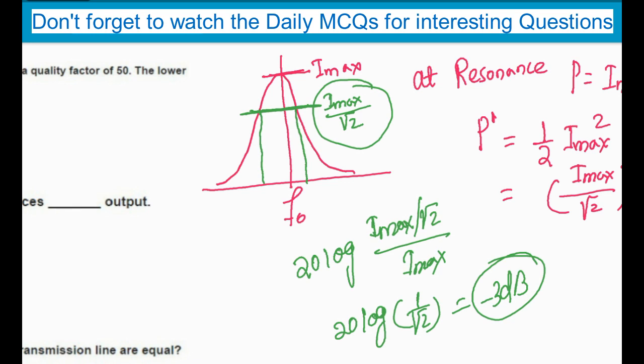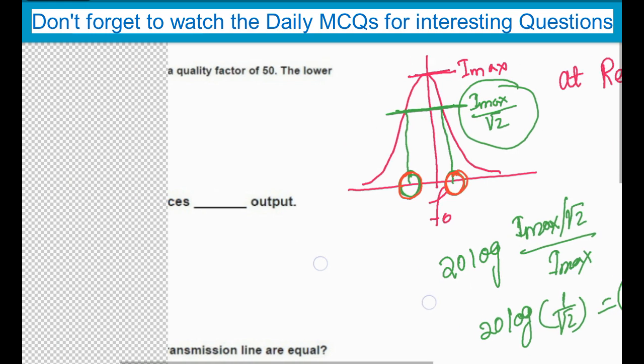Its other name is cutoff frequency, because in case of filters we don't consider the values before and after that frequency, and this is called the lower cutoff frequency and this is called the higher cutoff frequency. Similarly, this is called the lower half power frequency and this is the higher half power frequency. So these are the extra things, and let's come back to the problem.